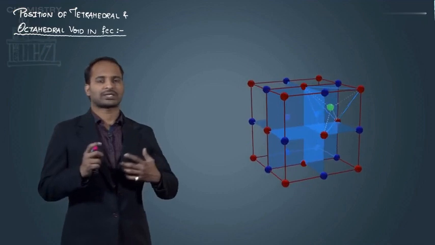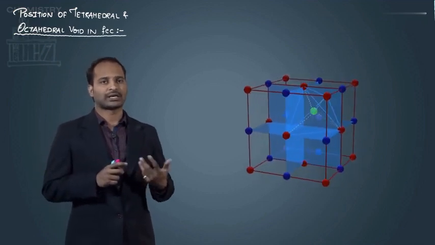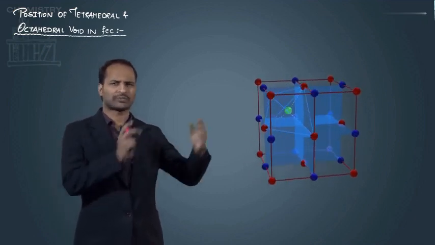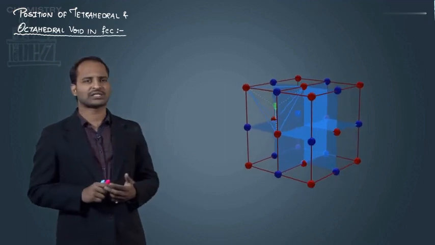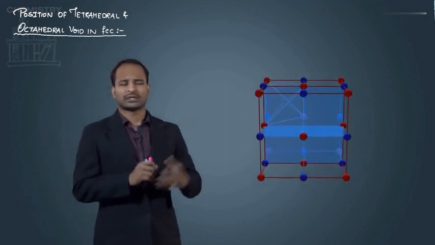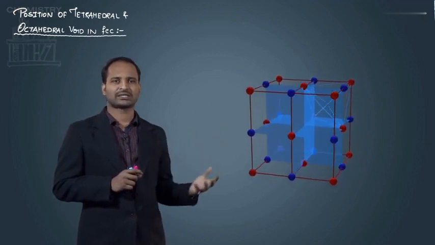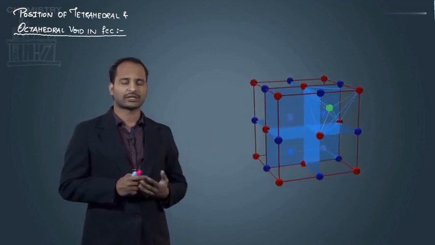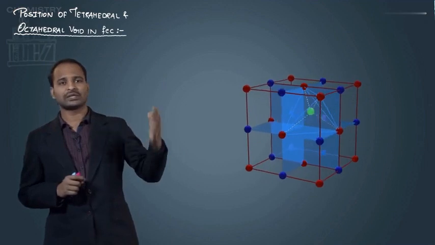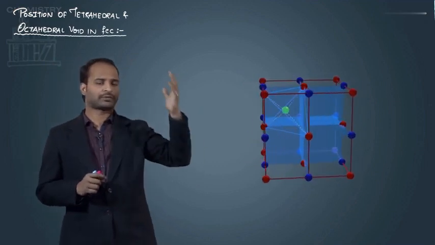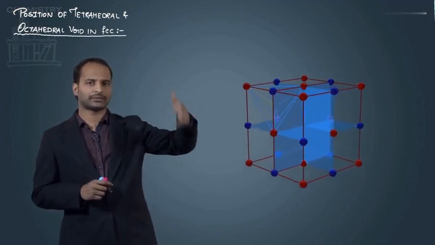So let's start with the tetrahedral void: where is it present in an FCC cell? Suppose I'm simply taking an FCC unit cell having 6 faces, 12 edges, 8 corners. Now I'm dividing this unit cell into 2 parts by drawing a plane vertically like this.